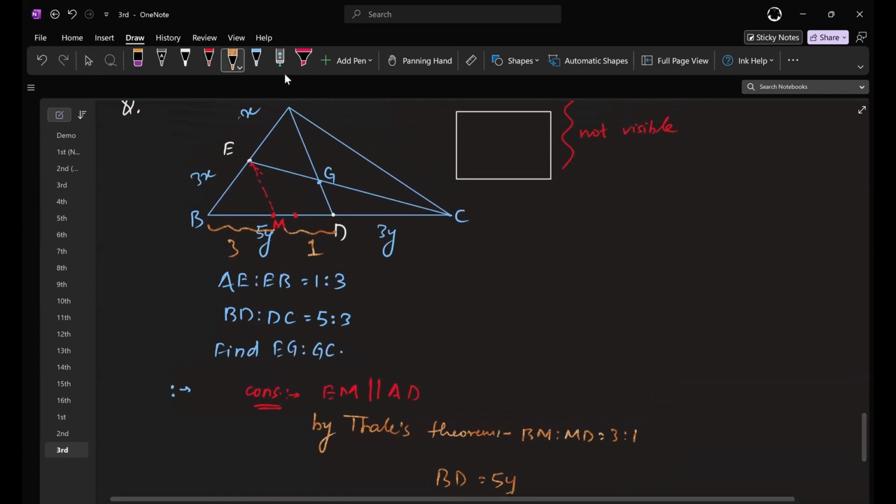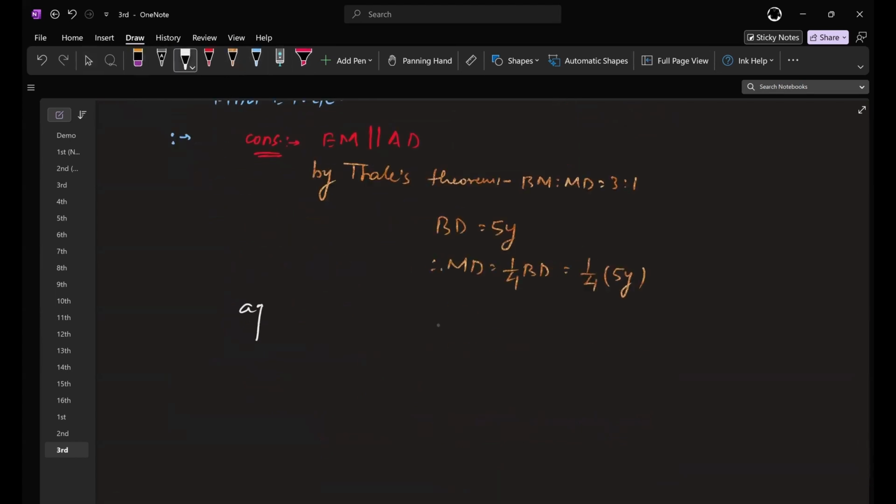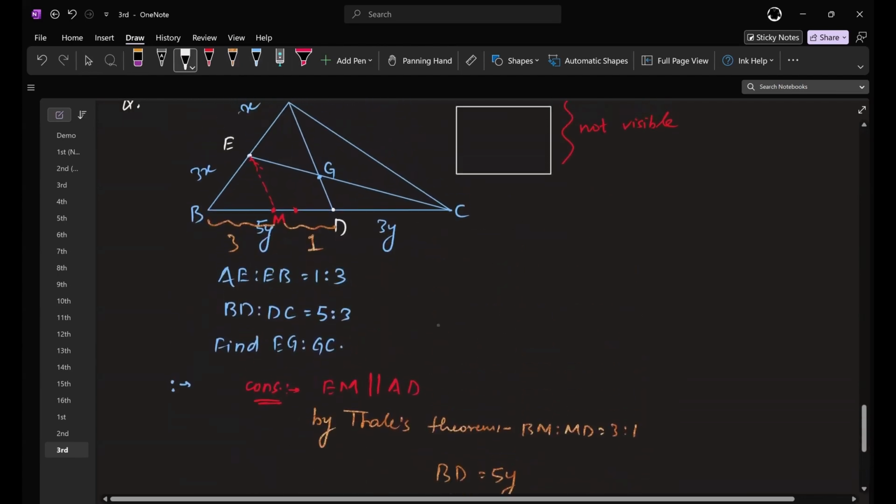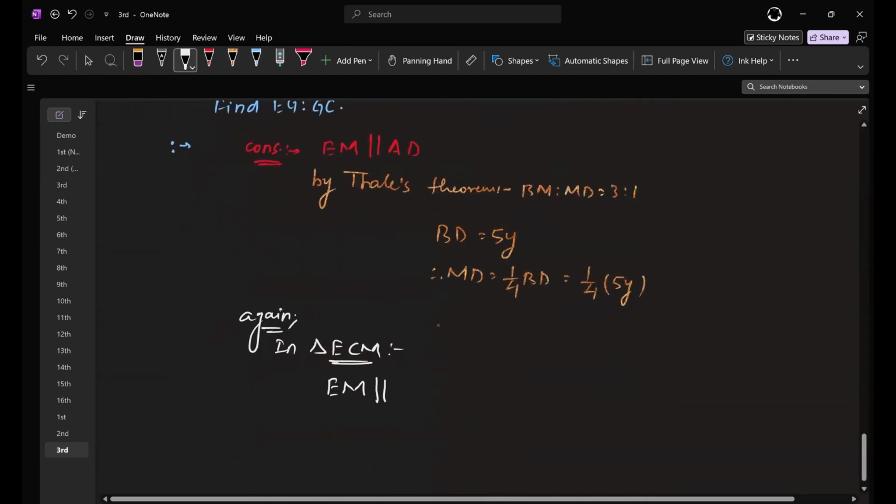Now again, in triangle ECM, EM is parallel to GD, right?